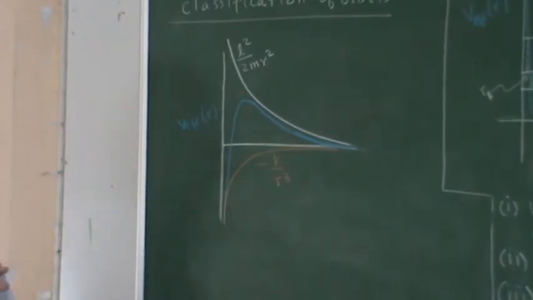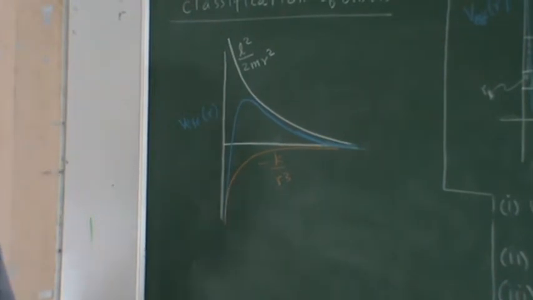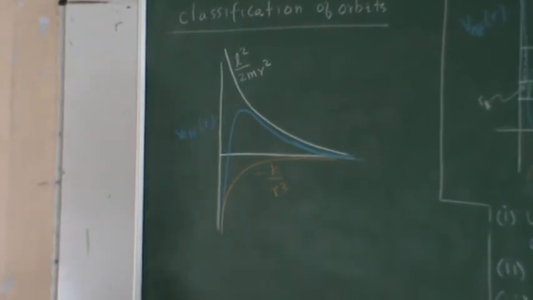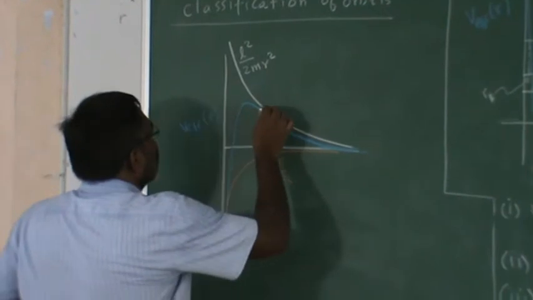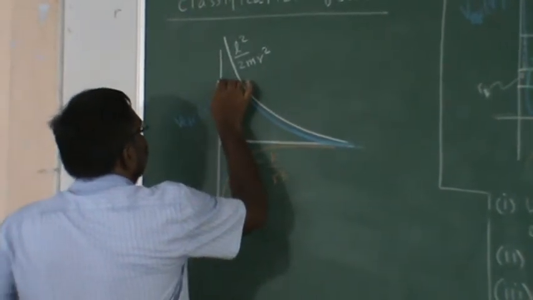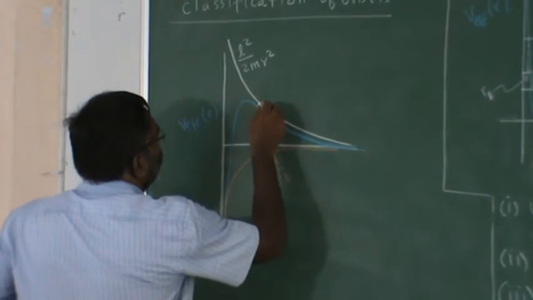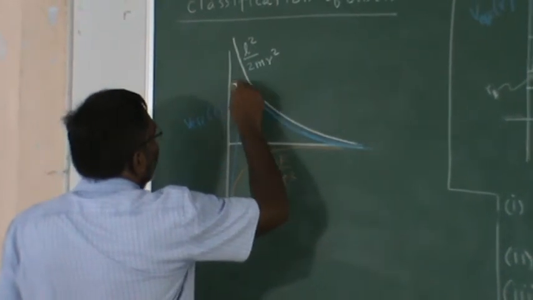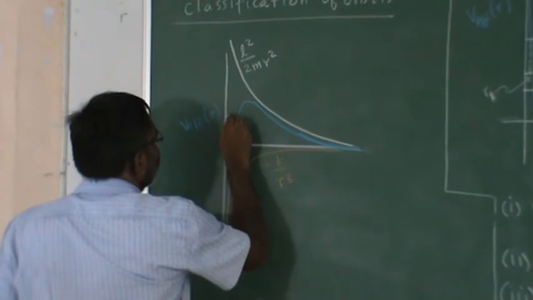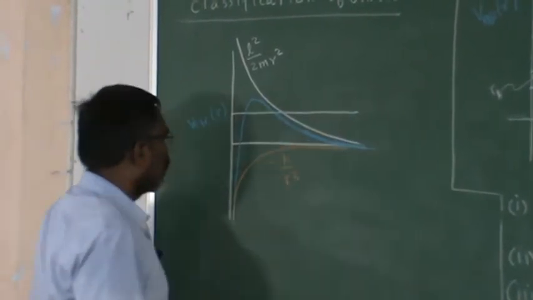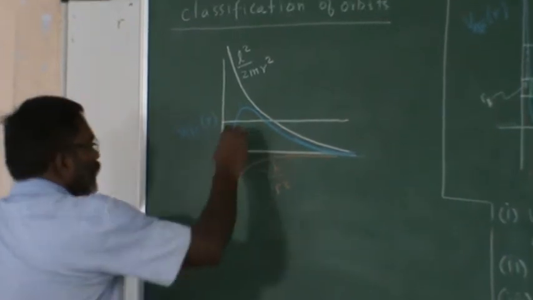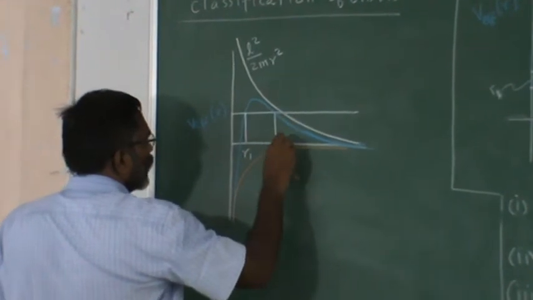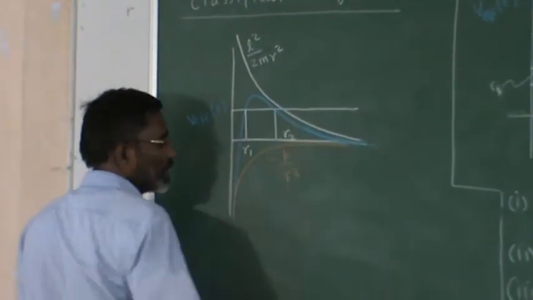This method of classifying orbits I can still use, but the orbits will not be the same. For example, if I look at some energy here, then there is a turning point here, R1, and a turning point here, R2.